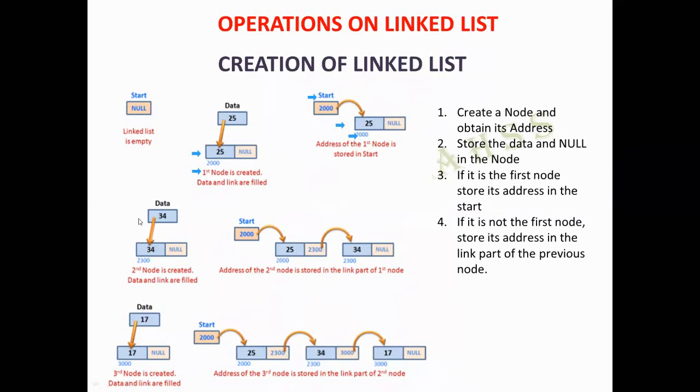Now see here, the second node is created. Data and links are filled: the data is 34 and the address you fill over here. Can you see the link created between the first and second? The first one's data is 25, and the start value is 2000.